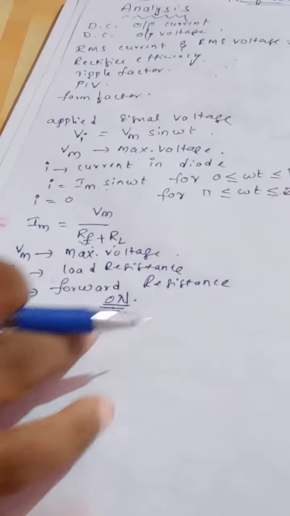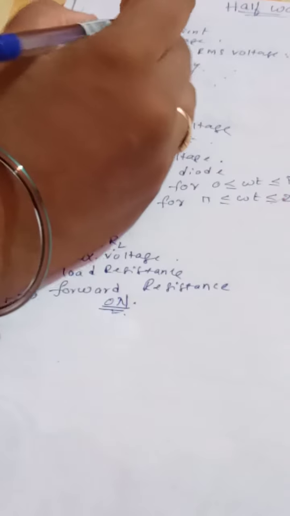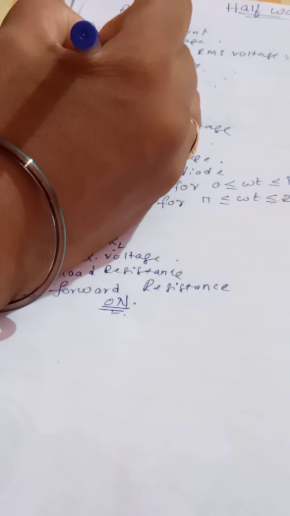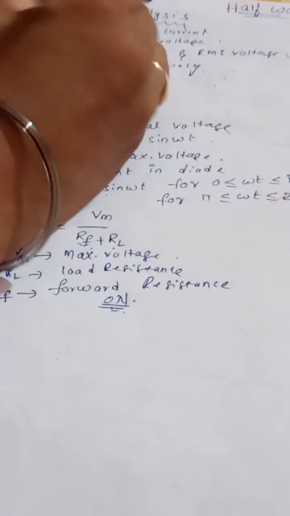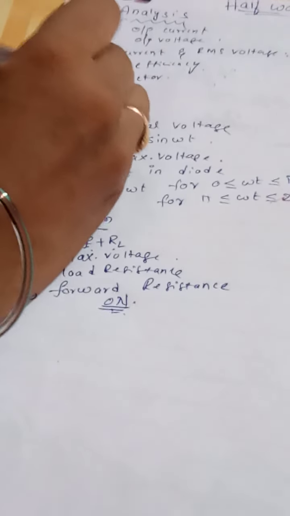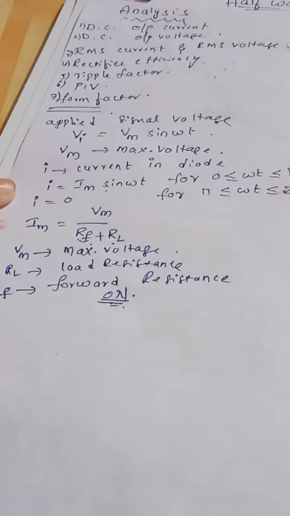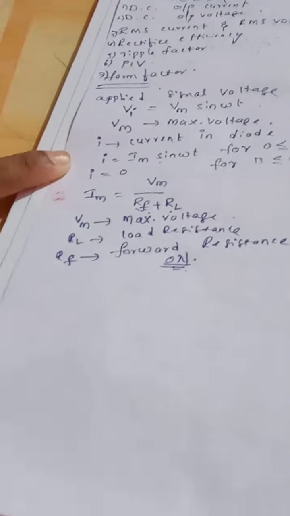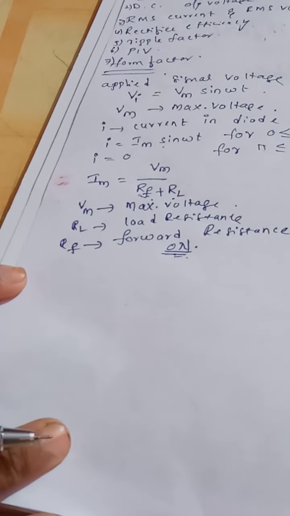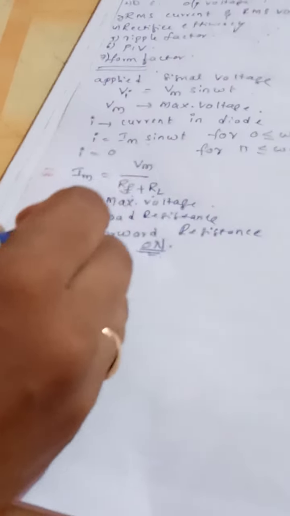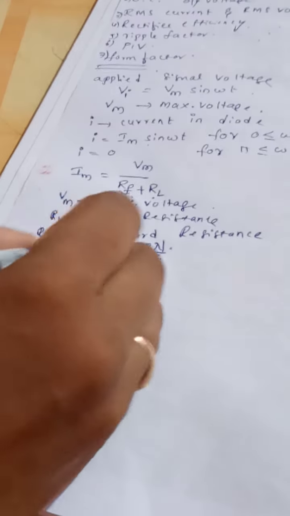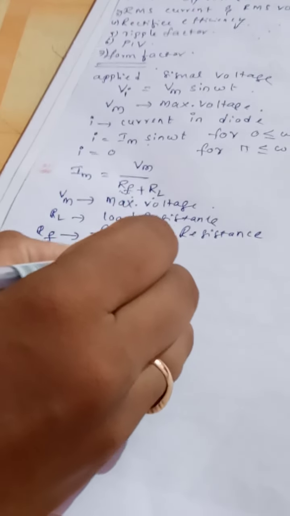Alright. So now we are going to discuss 1 to 7 quantities under analysis. Right. So first let us talk about DC output current.